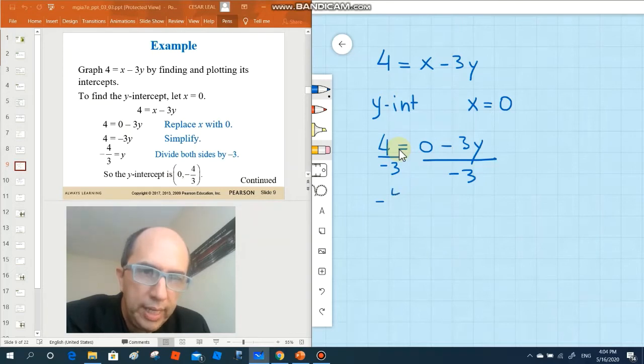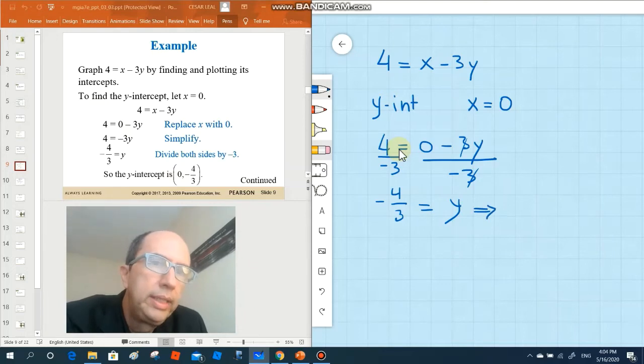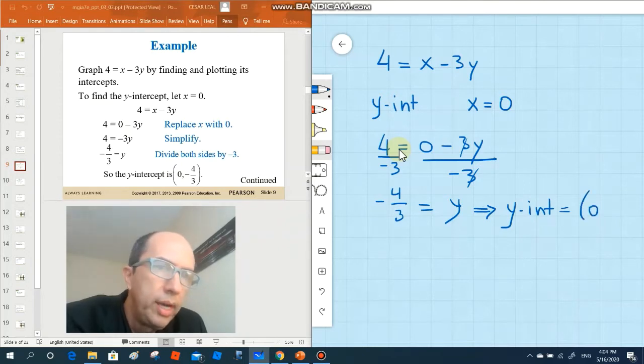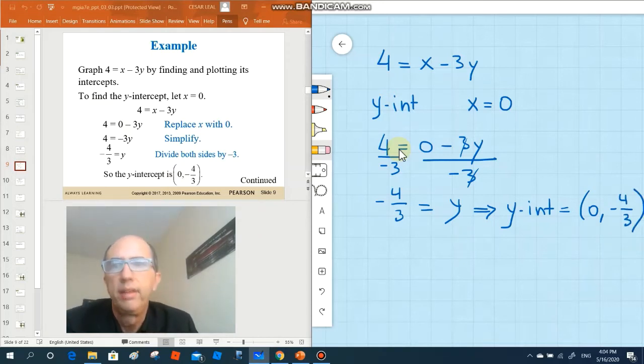So we have negative 4/3 equals y. Y equals negative 4/3. So that means the y-intercept is (0, negative 4/3), x equals 0 and y equals negative 4/3.